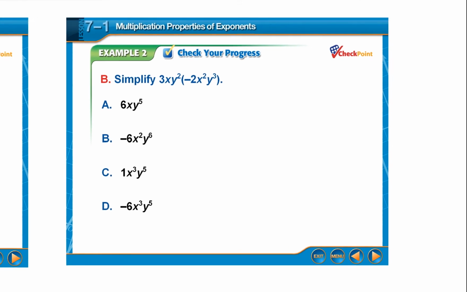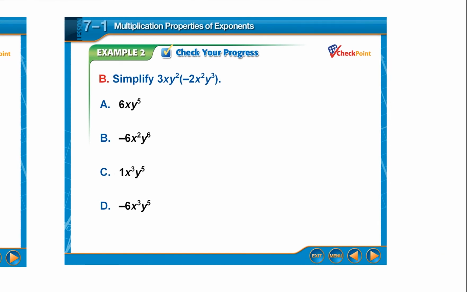Okay, can we simplify this guy? Here we have a number and two different variables. Again, multiply, because it's multiplication in between here, multiply the like terms. So you get 3 times negative 2, negative 6. x times x squared. Bases are the same, so let's add our exponents.